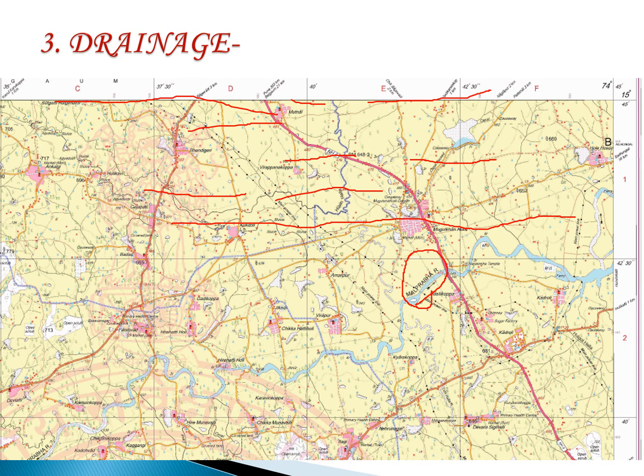So that name you can write here, that is Huvin Halla, which is joining the Malaprabha river. Then there will be some other names also you will find on the map which are joining the main stream, the main river. So that you can write and you can complete this drainage.